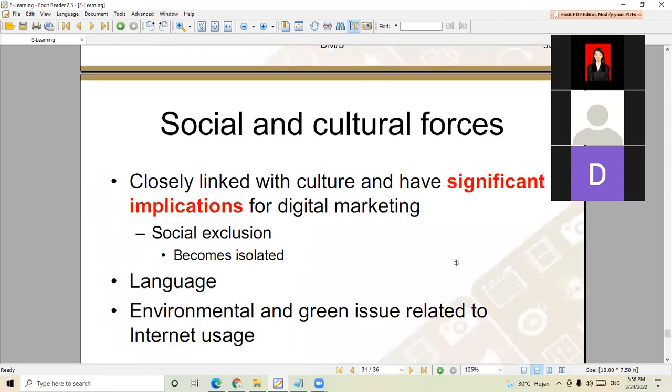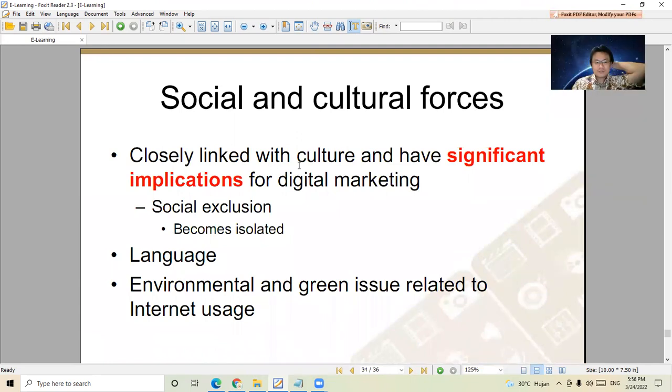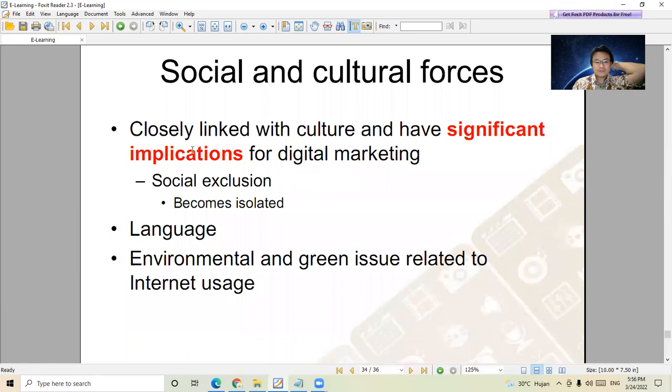And the last one is the social and cultural forces. The social side has significant implications for digital marketing. We have to do our homework to find out what is happening in the culture, whether there are any changes in the demographics, or any phenomenon of certain issues like social exclusion.